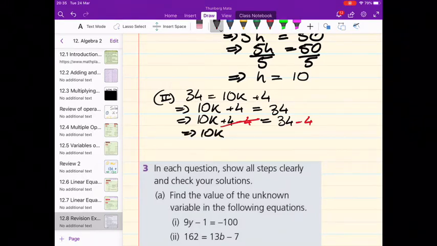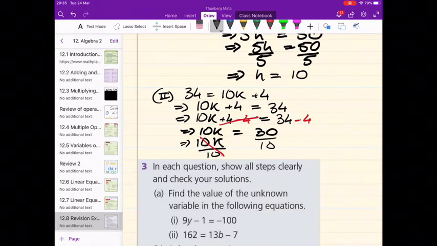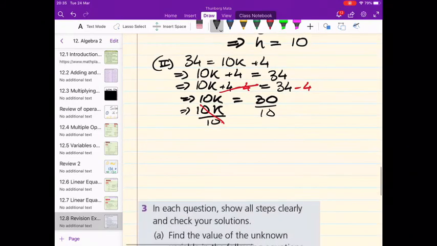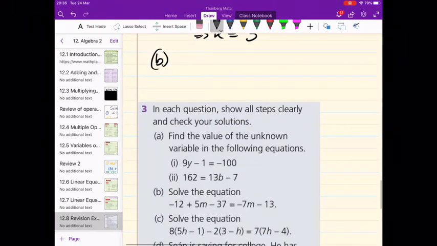Then they'll cancel each other out, and we're left with 10k is equal to 30. Then we have 10k divided by 10. The 10s will cancel each other out, and that'll be equal to 30 divided by 10. So 30 divided by 10 will leave us with k is equal to 3.